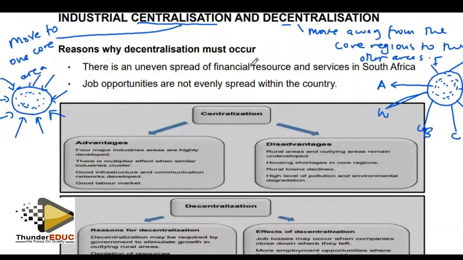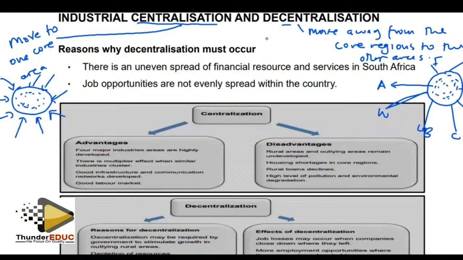So, reasons why decentralization must occur. They say there is uneven spread of financial resources and services in South Africa. So instead of industries clustering in one area, it is emphasized that these industries need to spread to various areas.